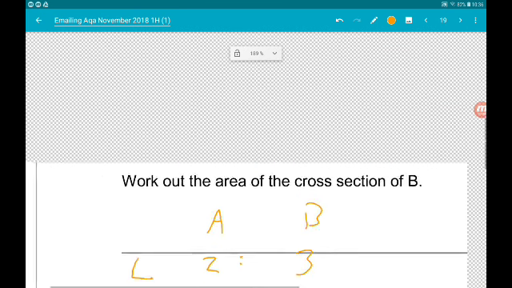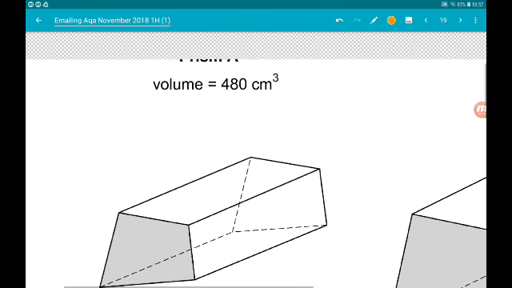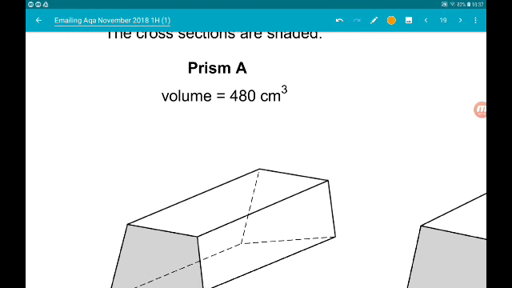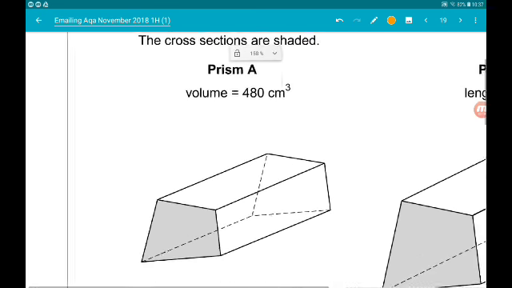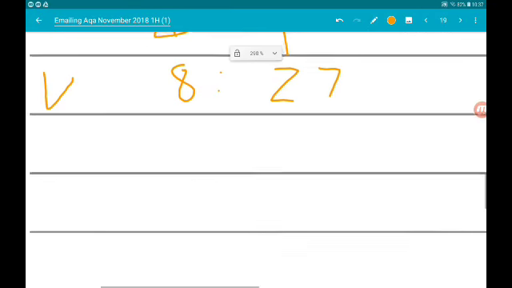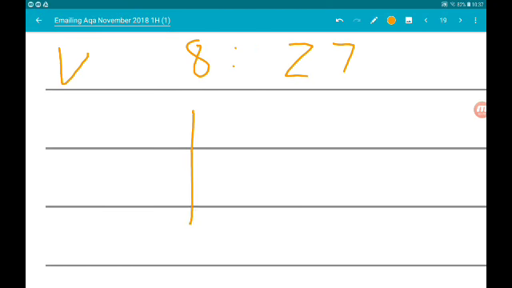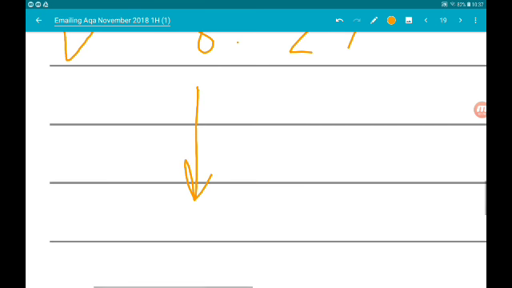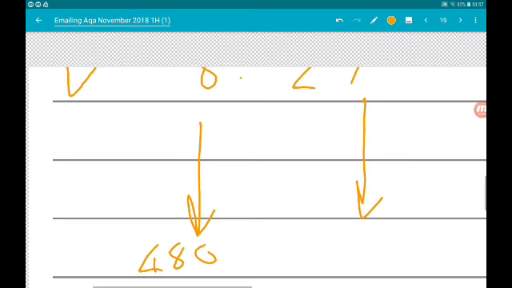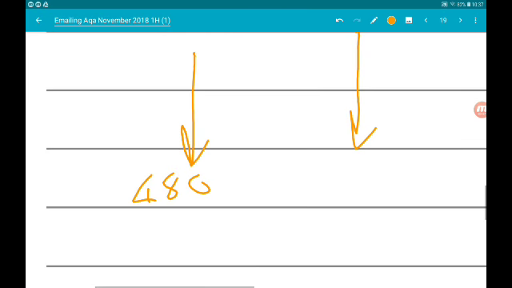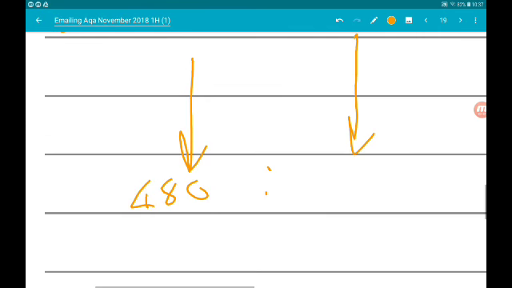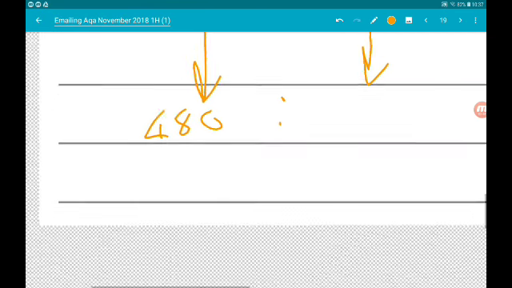Now we were told the volume of A was 480 centimeters cubed. Now, what we're going to do then is use this ratio to get the actual volume of prism B. So what we need to work out is how have we turned 8 into 480.